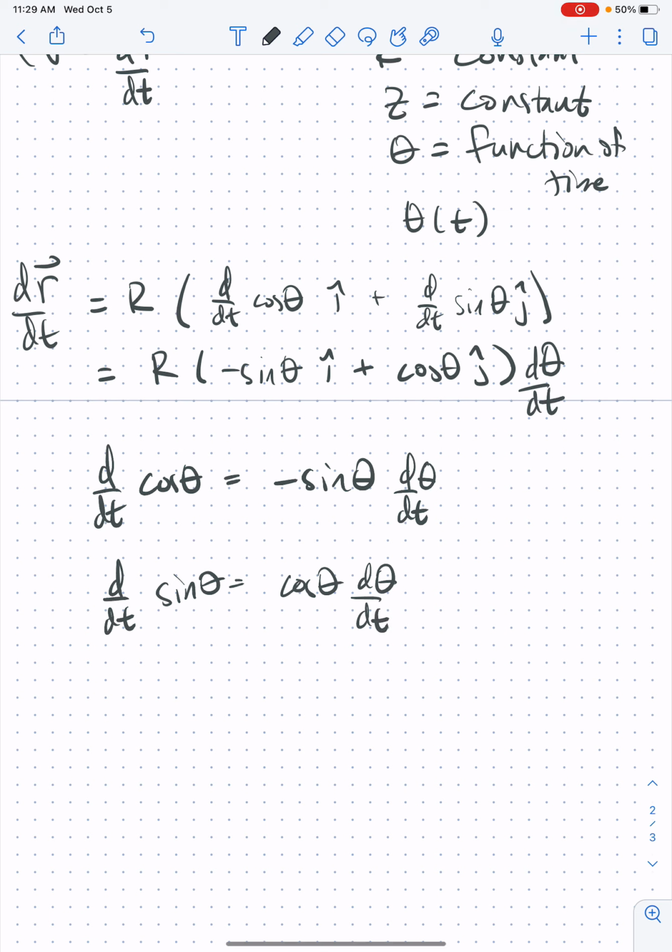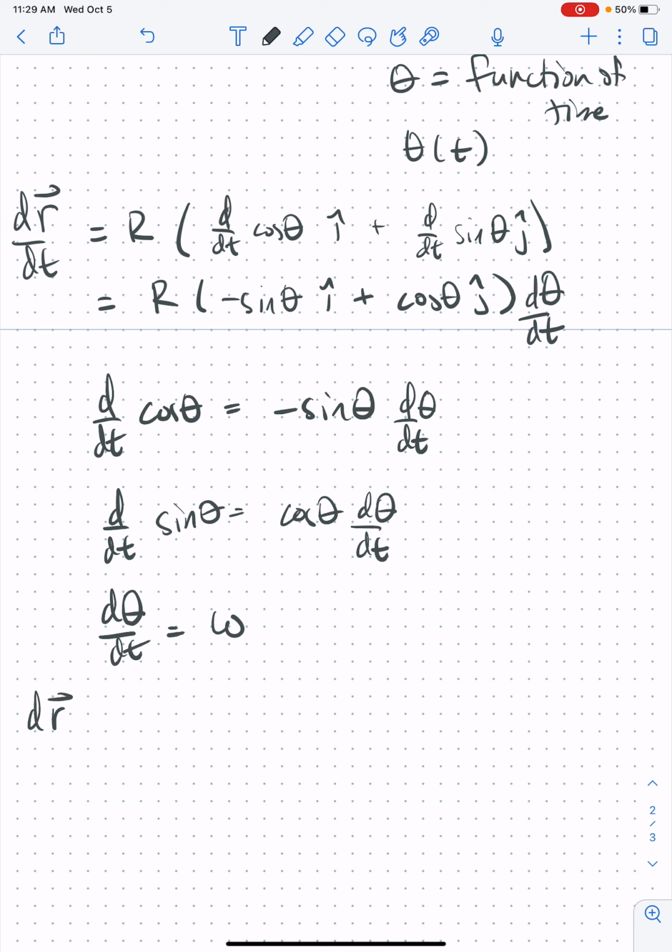So that's why I have this d theta dt on both. Now, d theta dt, that's omega. That's our definition of omega, right? And R is a constant. So this dr dt, which is v, is R omega times negative sine theta i hat plus cosine theta j hat.